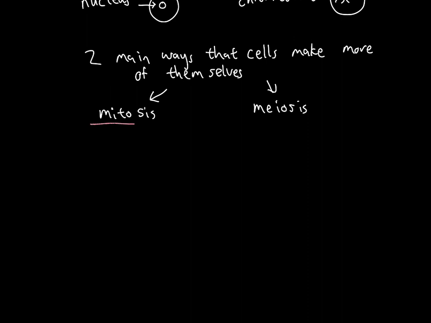Okay, so what are these two things? Mitosis is a process when one cell makes two copies of the exact same cell.